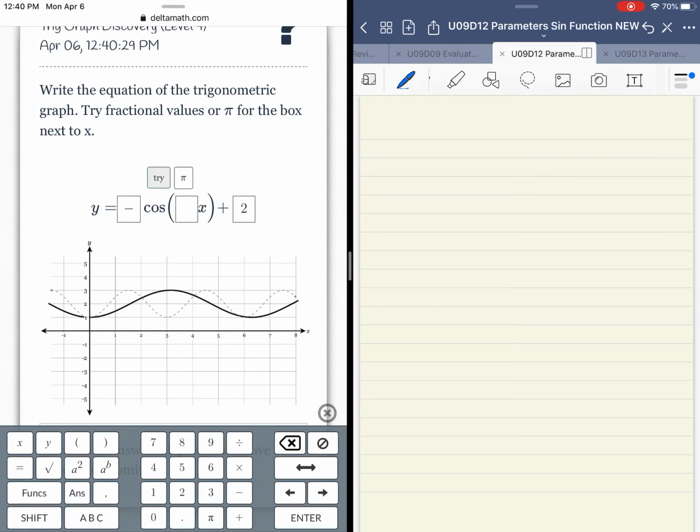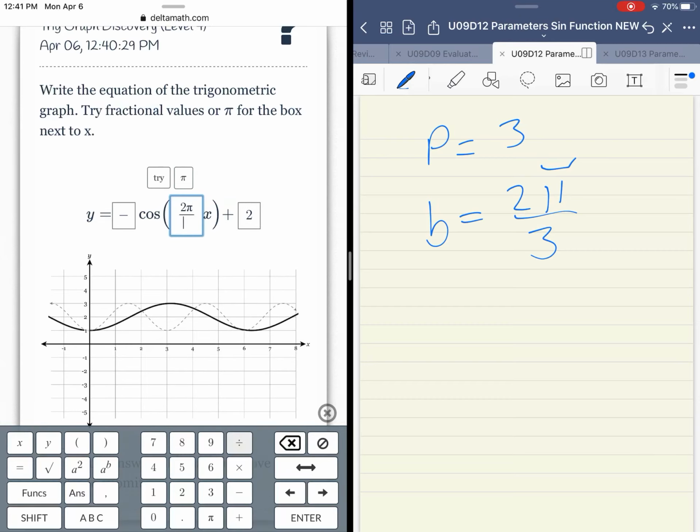Okay, and then we just have to get our graph stretched to the right place. So this graph starts at the bottom of its graph, and it means it ends at the bottom of its graph, so it does that at 3. So the period of this graph is 3. So the frequency is 2 pi over 3. So I'm just going to write 2 pi divided by 3. And we get the correct graph.